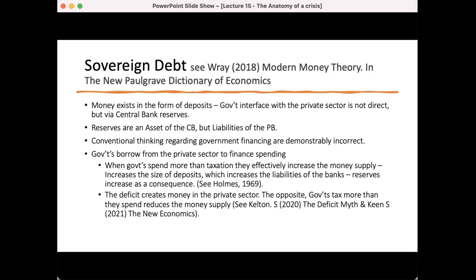Okay. The opposite, therefore, when government taxes more than they spend, i.e. the government operates in a surplus, reduces the money supply. It starves the private sector. Because it's a balanced system, if we just take out the foreign element of it at the moment and just say that we've got an economy, the UK, all of that money in it must balance out to zero wherever it sits within the public and the private sector.